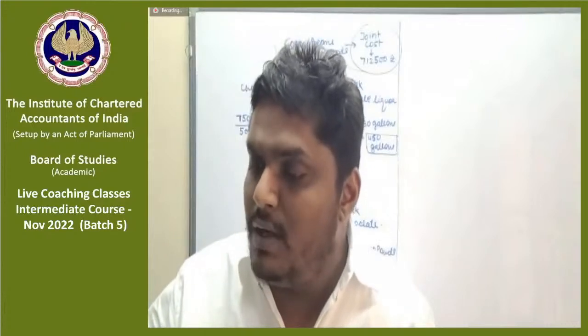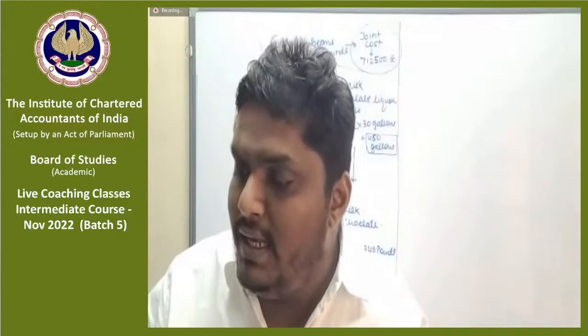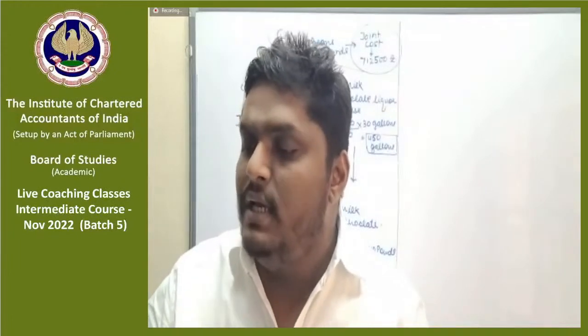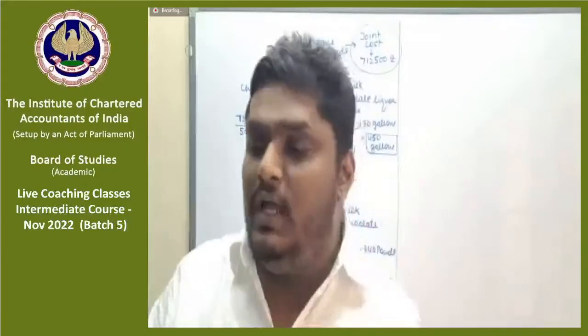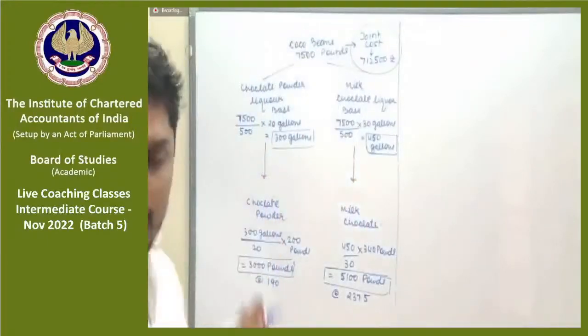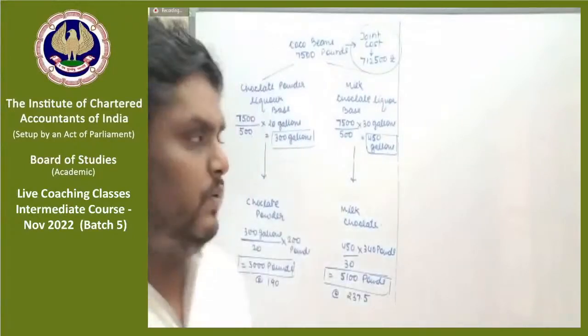The October 2013 separable cost of processing chocolate powder liquor into chocolate powder is 3,02,812 rupees and 50 paisa. It is the further processing cost of this part. So the further processing cost is 3,02,812.